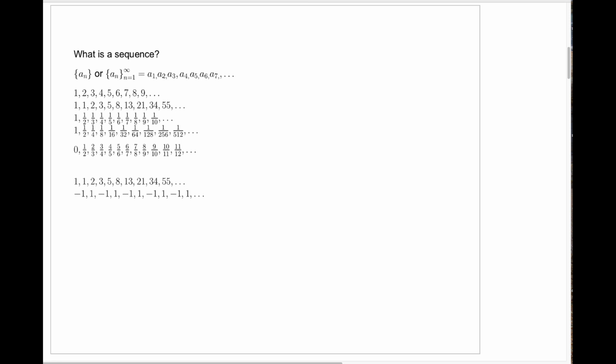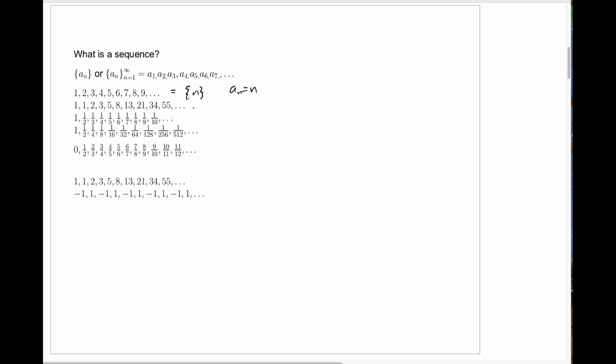Then the next term is a sub 2, a sub 3, a sub 4, etc. So a1 will always be the first term of this sequence a sub n, a2 is the second term, a3 is the third term, etc. So this sequence of natural numbers we can write as the sequence n, indicating here that a sub n is just n. The nth term is the natural number n.